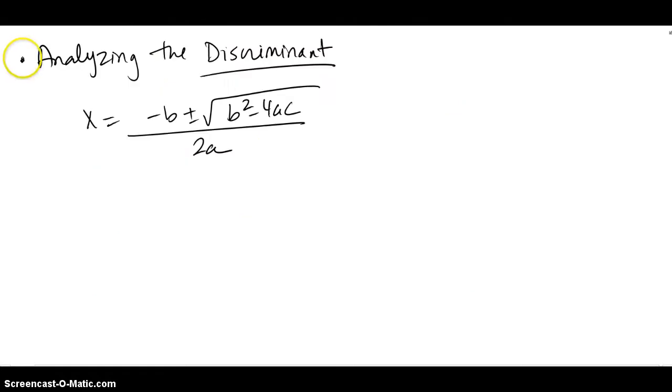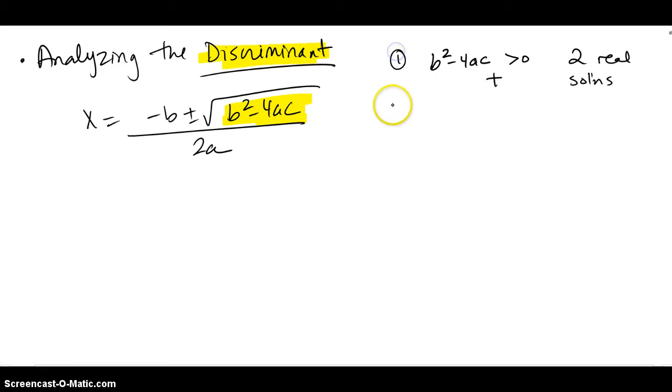Next thing we're going to look at is analyzing the discriminant in the quadratic formula, which is really just this piece. So we're going to analyze some signs of the discriminant, b squared minus 4ac. If this is positive, I'm going to get two real solutions, like the examples we've just done.